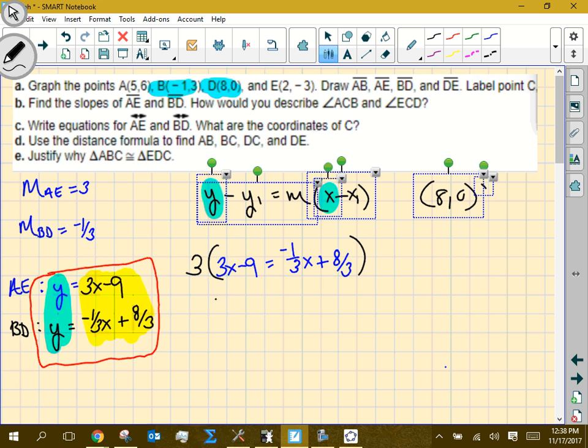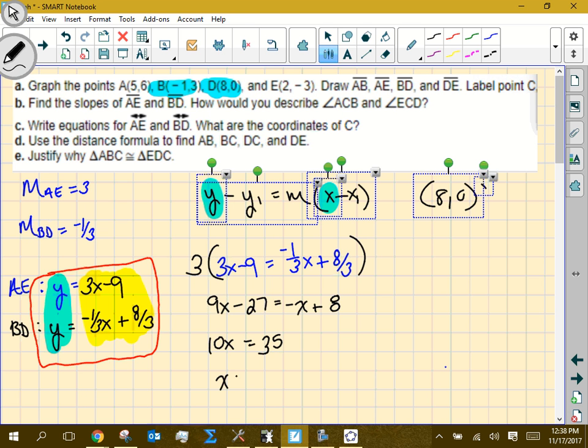So 3 times 3x is 9x. 3 times negative 9 is negative 27. 3 times negative 1/3 gives me negative x. And then 3 times 8/3 gives me 8. Is that equation a little bit easier to solve? Add x to both sides. Add 27 to both sides. So that's going to give me 35.